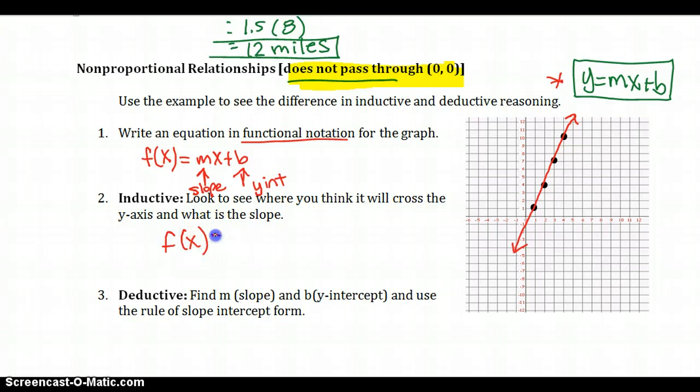f of x equals slope 3 over 1. You don't need to write the 1, but I will just for the sake of showing you that I actually rose and ran. And then where does it look like it's going to hit the y-axis? Now with my rough sketch, it looks like it hit it at -1. That's using inductive reasoning.